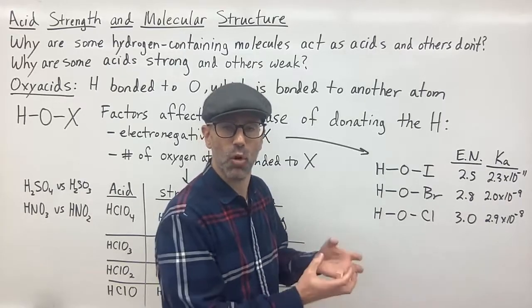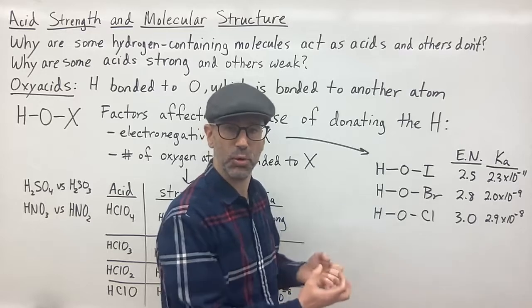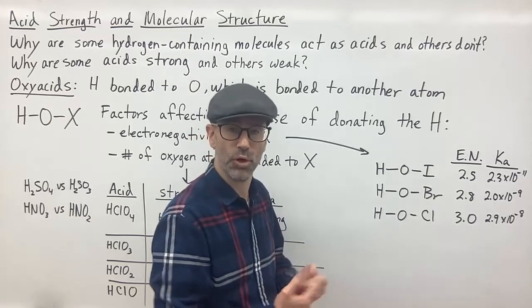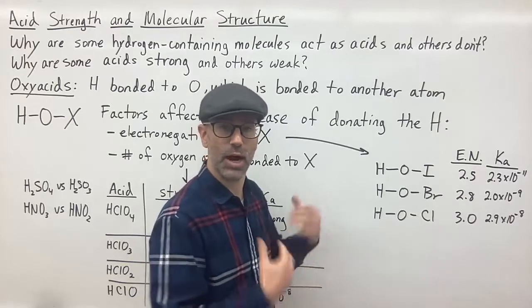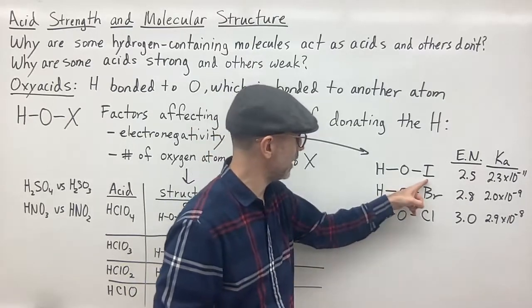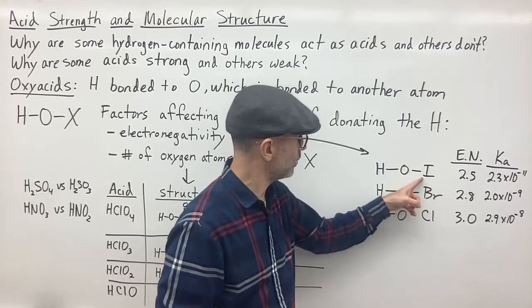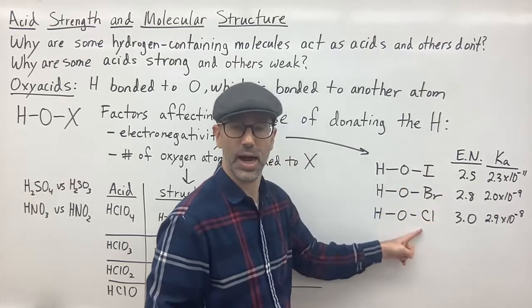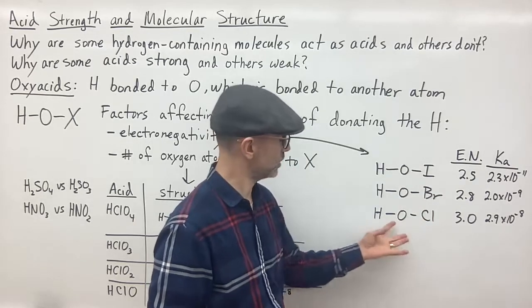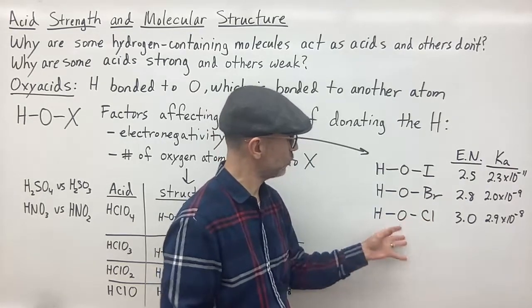If you are more electronegative, that means you're going to be pulling on those electrons more. You want them more towards you, so those electrons are going to stay around you. Iodine is not going to pull as much as chlorine, since chlorine has a higher electronegativity.